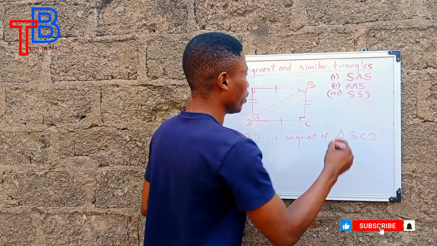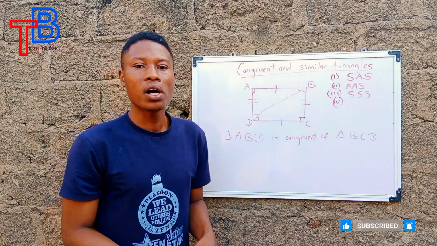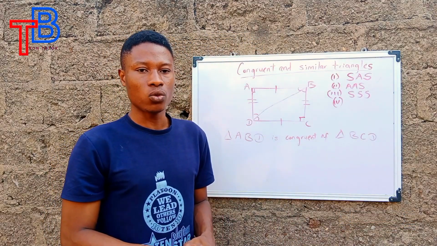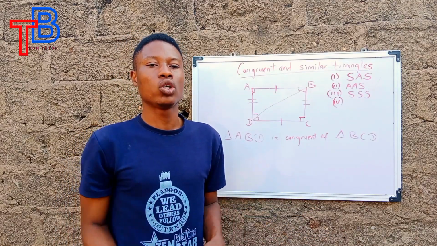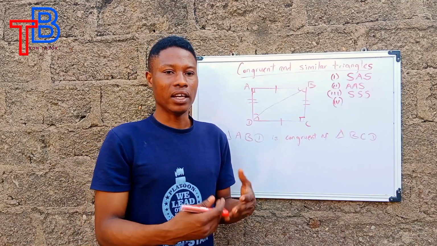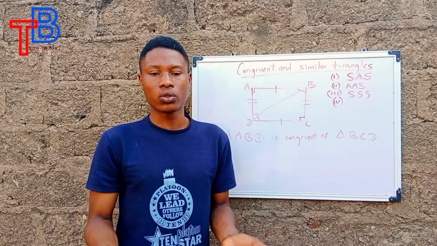And in the case of a right angle triangle, once the hypotenuse and one of the other two sides are equal to each other, we can say the two right angle triangles are congruent.